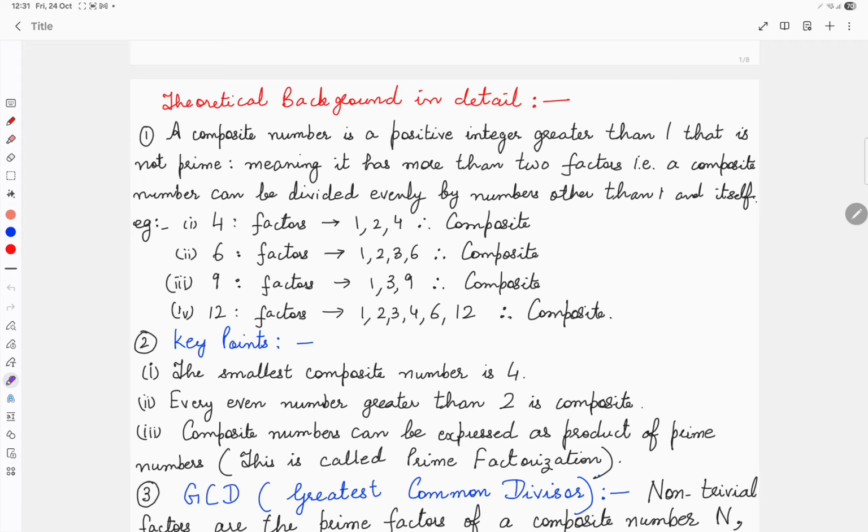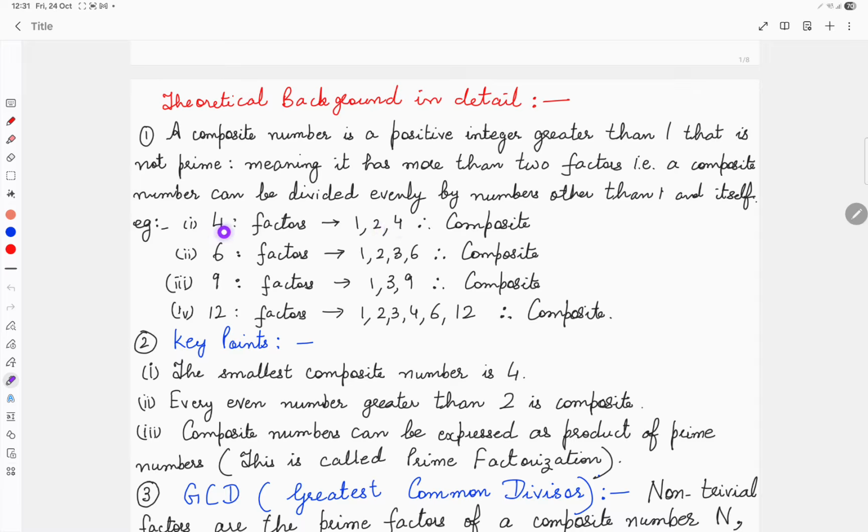We know that any number can have these two factors. But if the number has factors other than these two, that means 1 and the number itself, then that number is a composite number. Now 4 has factors 1, 2 and 4.